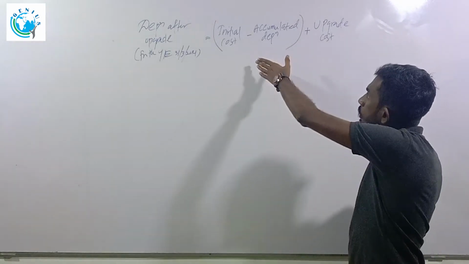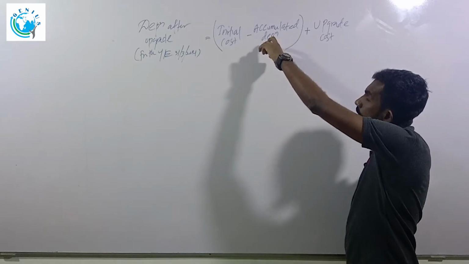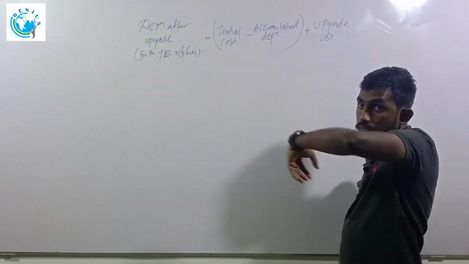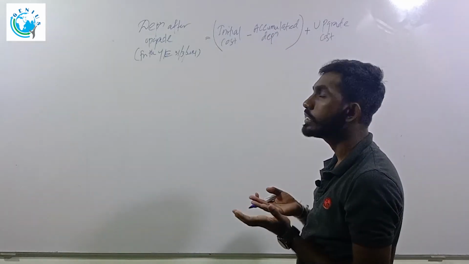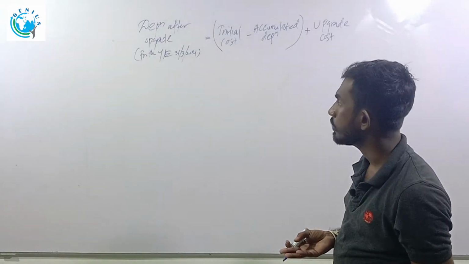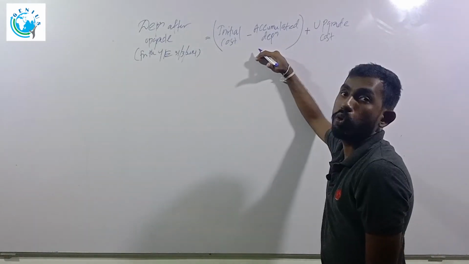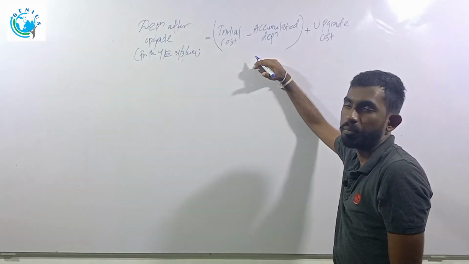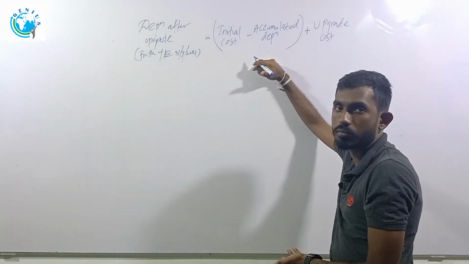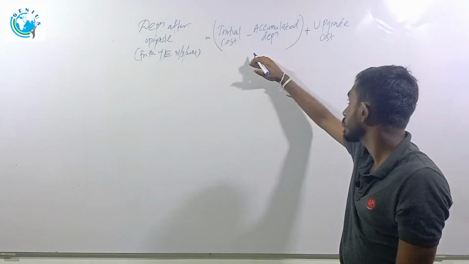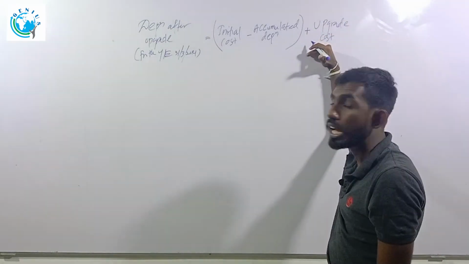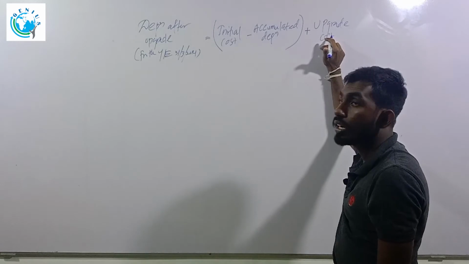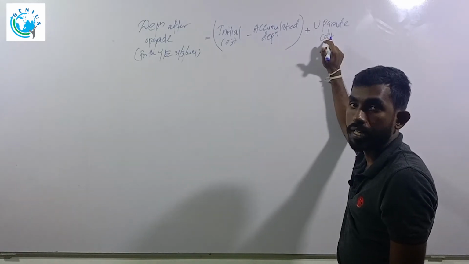So why are we going to deduct the accumulated depreciation? Now we are assuming that this is like a new piece of machinery. Therefore, we have to take the carrying value of the machine, that means the remaining value of the machine. That's the rationale behind that. For that, we have to add the cost that we have incurred for the upgrades.